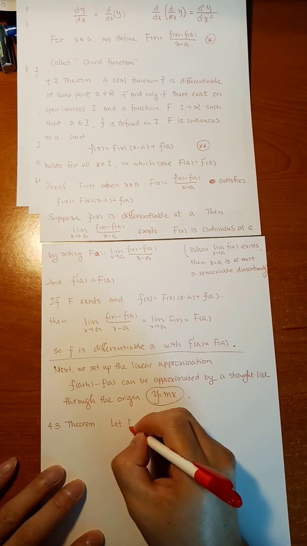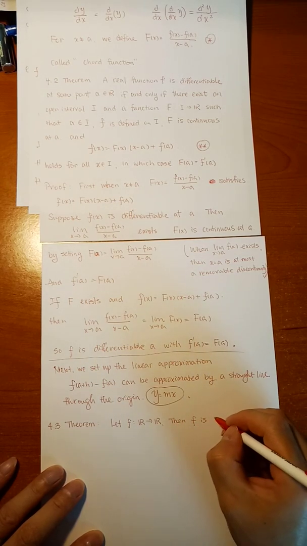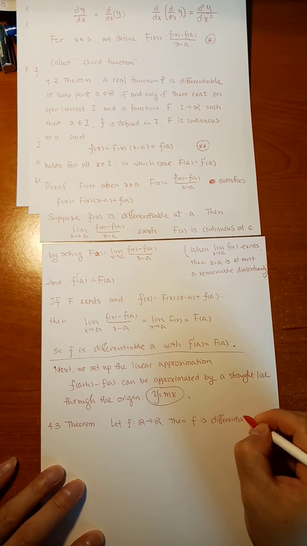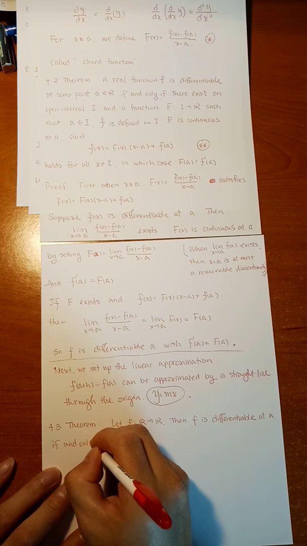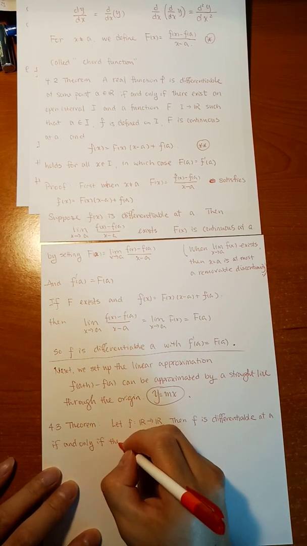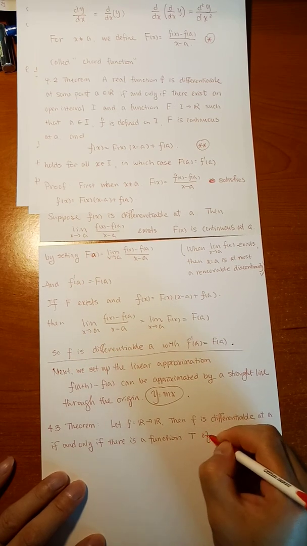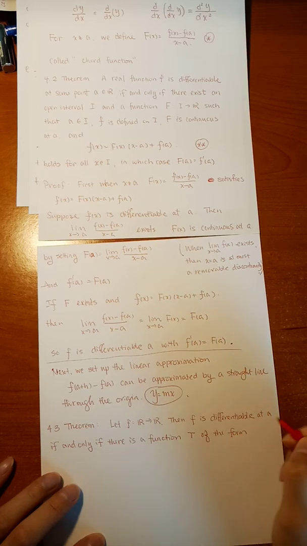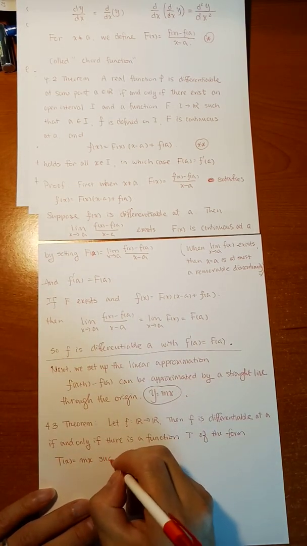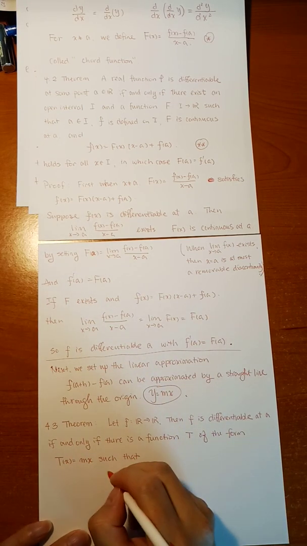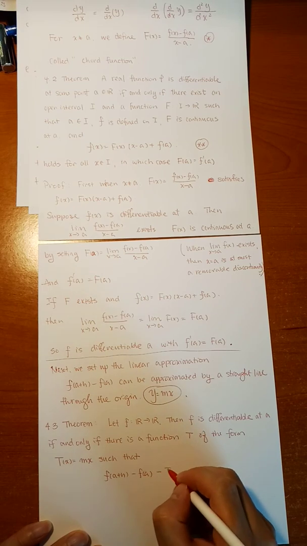Let f be a function from R to R. Then f is differentiable at a, and we always say this at a single point, if and only if there is a function t of the form t of x equal to mx, a linear approximation, such that f of a plus h minus f of a, this difference, is approximated by t of h.